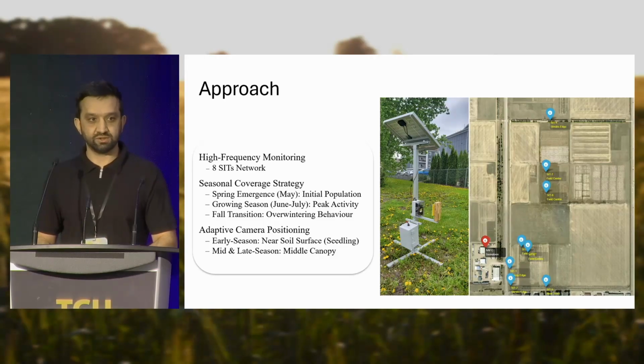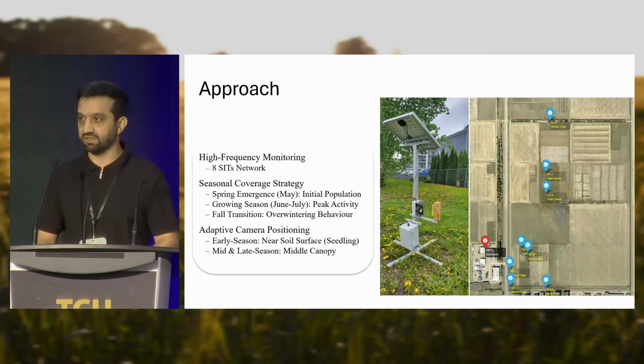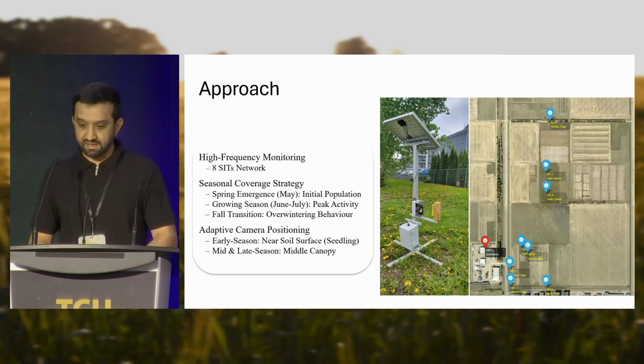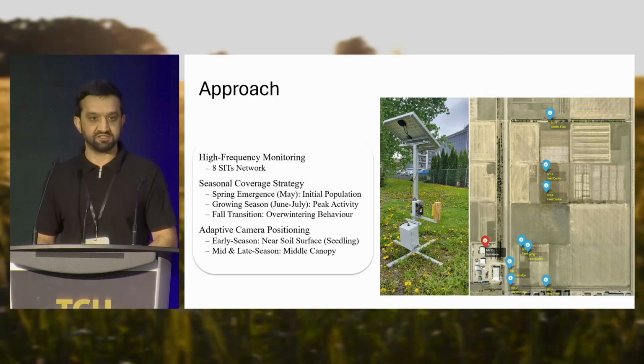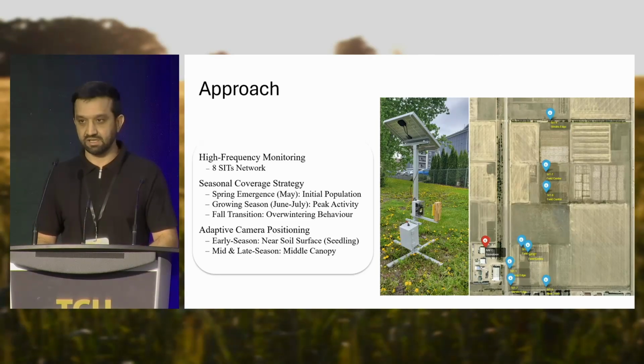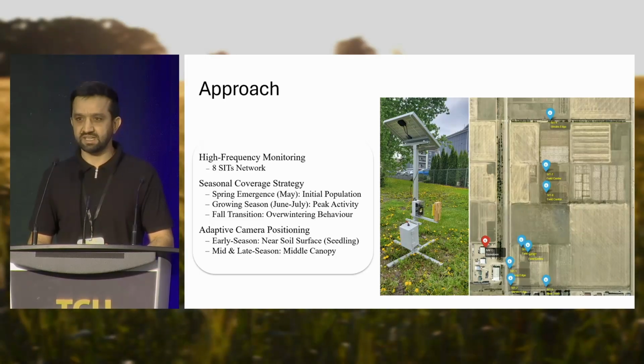The aim was to monitor and understand when and where they become active in the field. The seasonal coverage started from early May, and we continued monitoring until the middle of September.